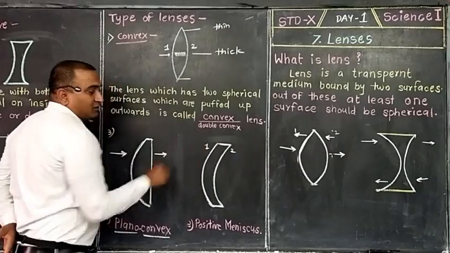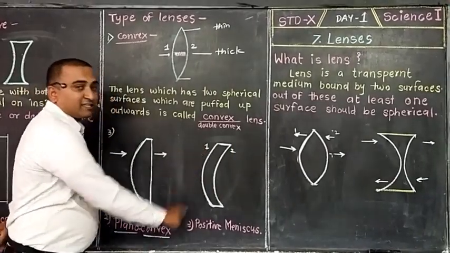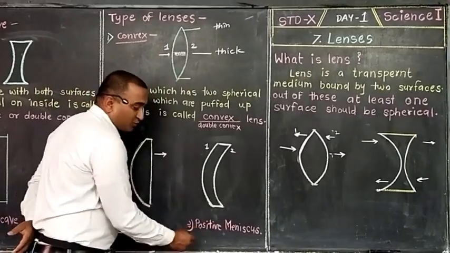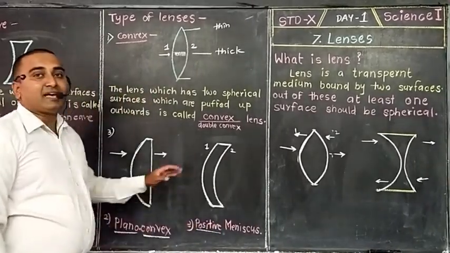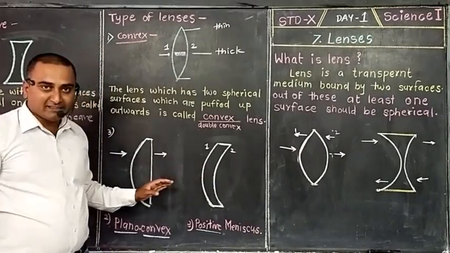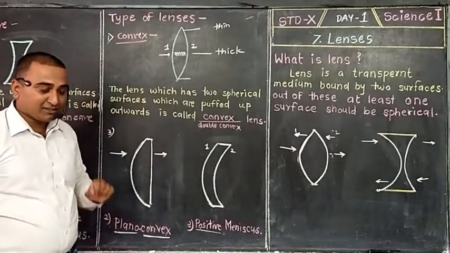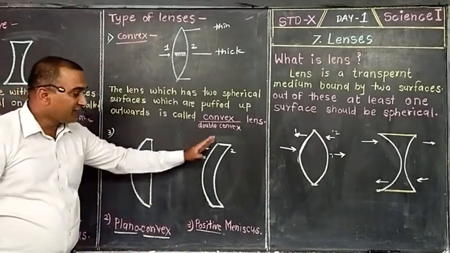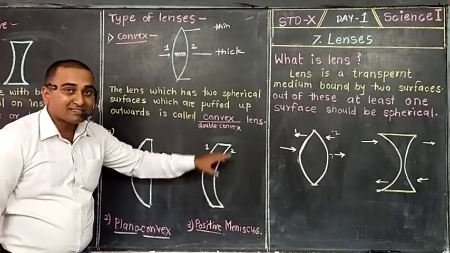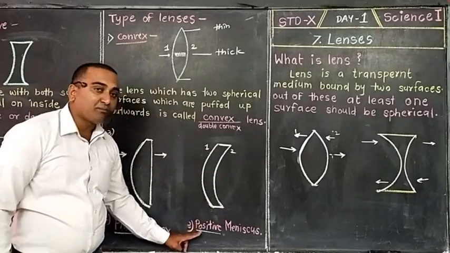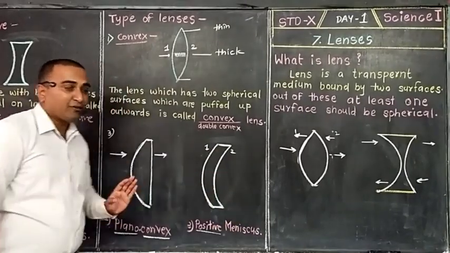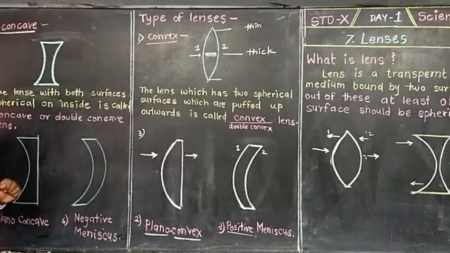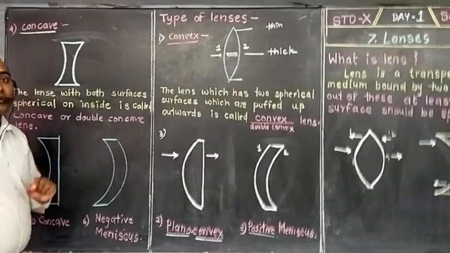So the first surface is convex, and this is called a positive meniscus. Why is it positive? Because it has a positive focal length. We will get this information within this lesson. One side is outwardly bulged, that is convex, and the second is concave, so it is called a positive meniscus.